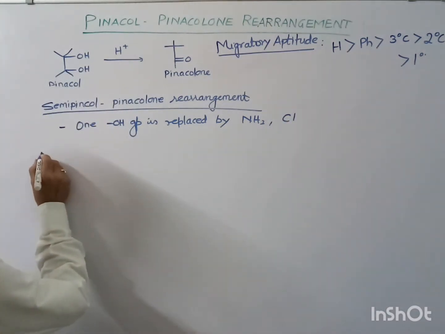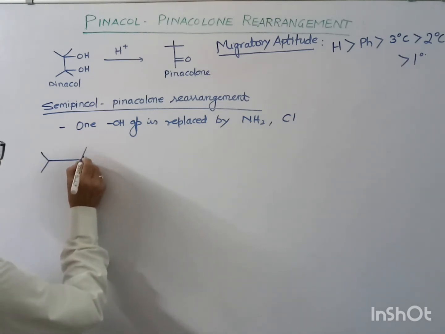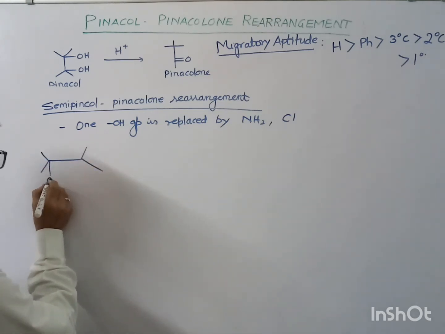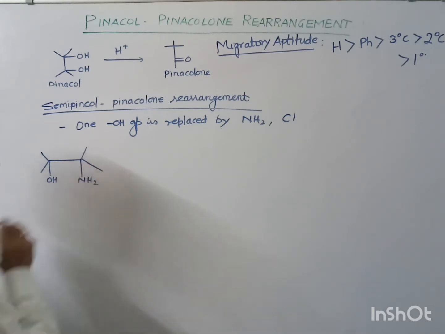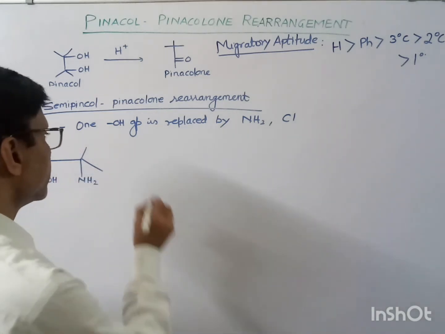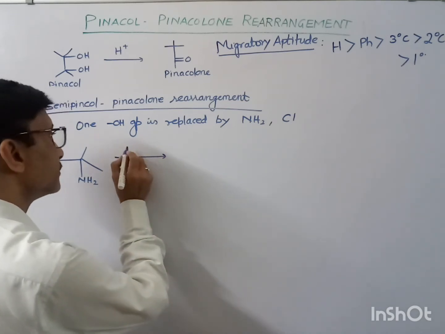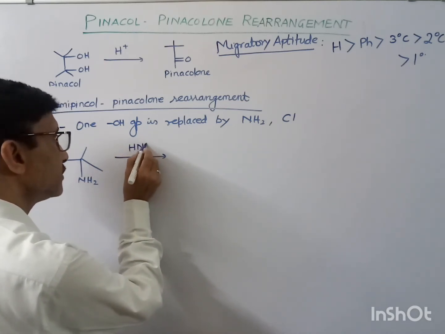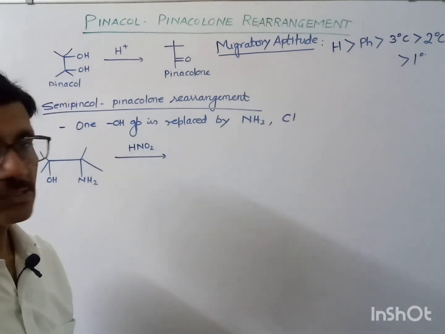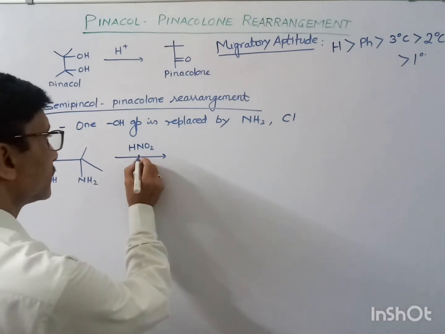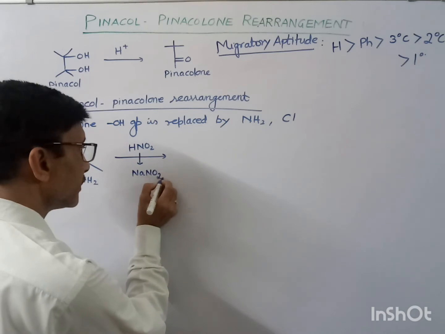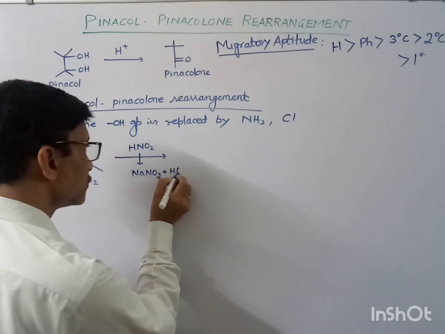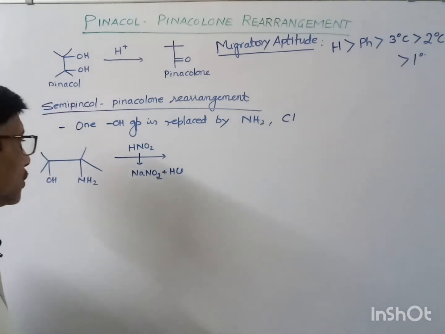Now suppose in place of one OH group we have this NH2 group. Now in this case, the reaction occurs in presence of nitrous acid that is formed by NaNO2, sodium nitrite, in presence of HCl.